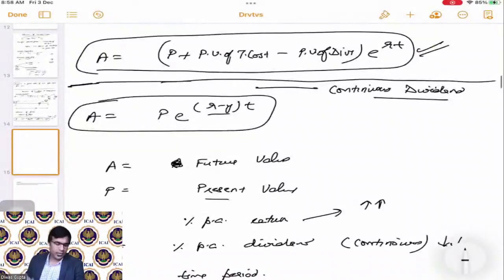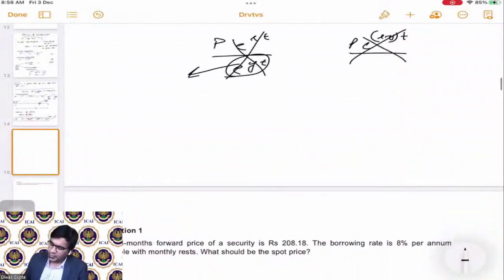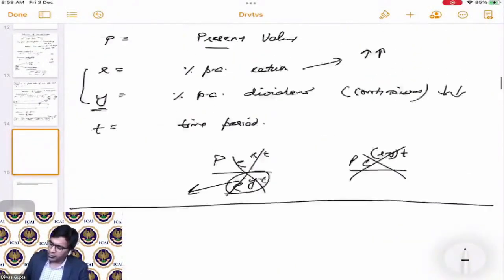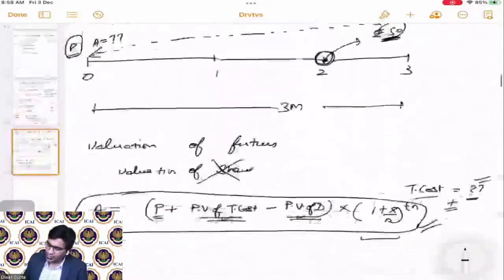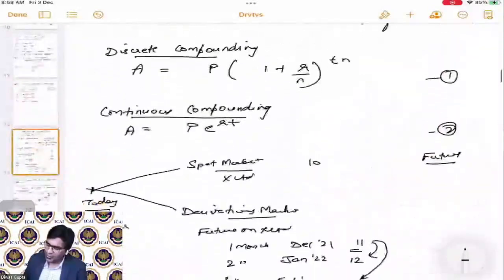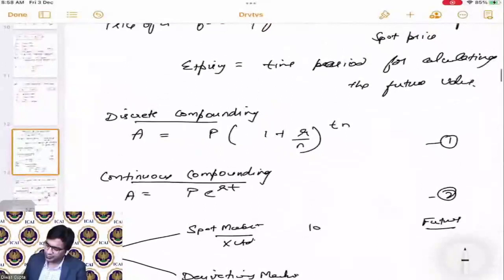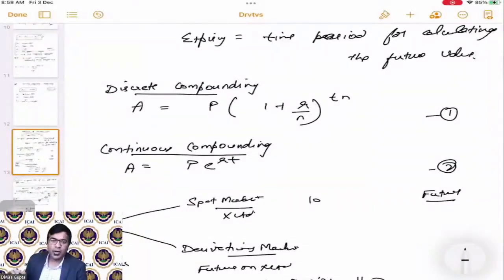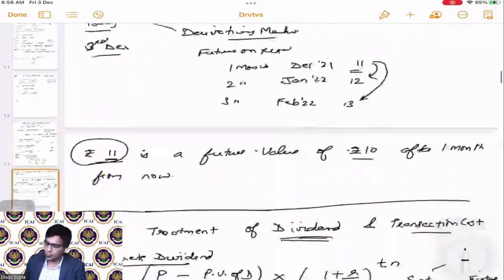So with this, we complete the valuation principles. We have to remember this formula, and this. These three are the formulas. That's all. See, this is the basic formula, discrete compounding, annual compounding.